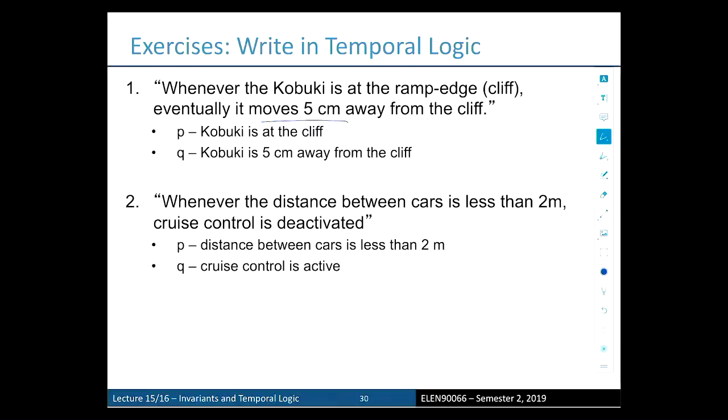So whenever, always, P, then eventually Q. Okay, so that's one specification there. There is something implied there as well. To be able to satisfy eventually Q, it means that we didn't fall off the edge. It captures that property. Otherwise, we cannot satisfy it.